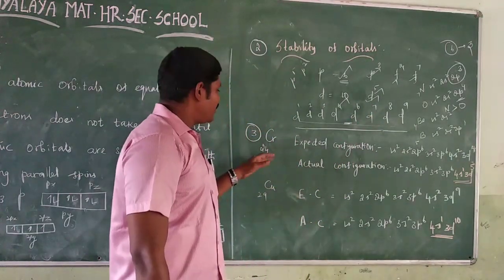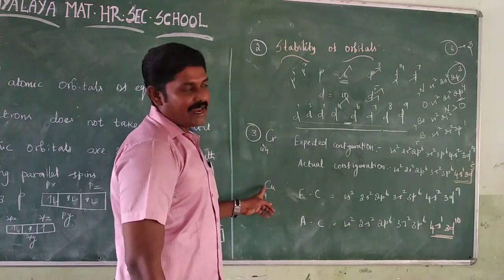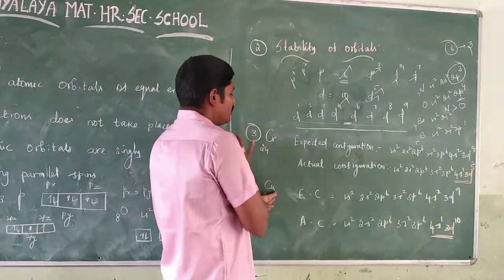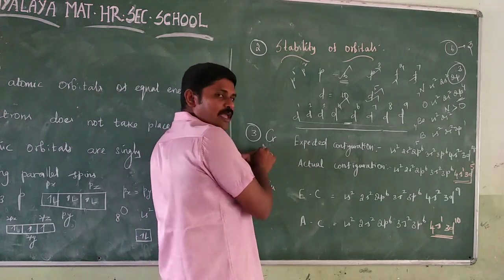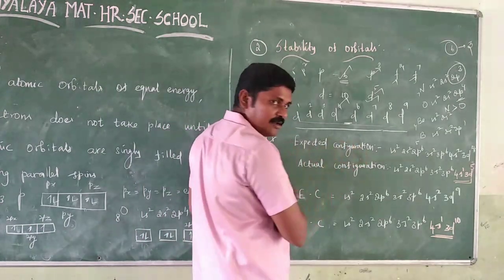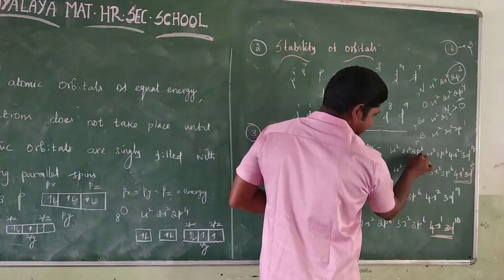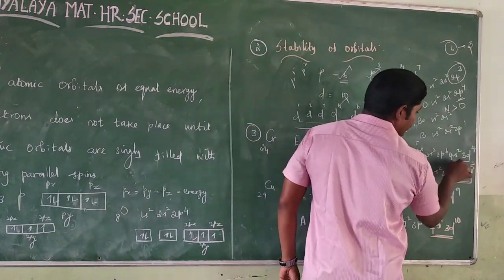The next principle: chromium and copper. The electronic configuration of chromium and copper according to Hund's rule. The atomic number of chromium is 24. The expected configuration according to the Aufbau principle is 1s2, 2s2, 2p6, 3s2, 3p6, 4s2, 3d4.